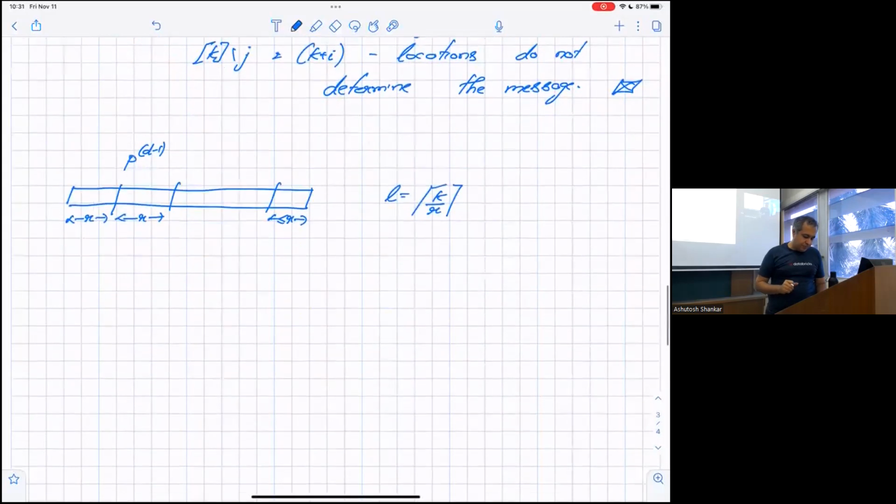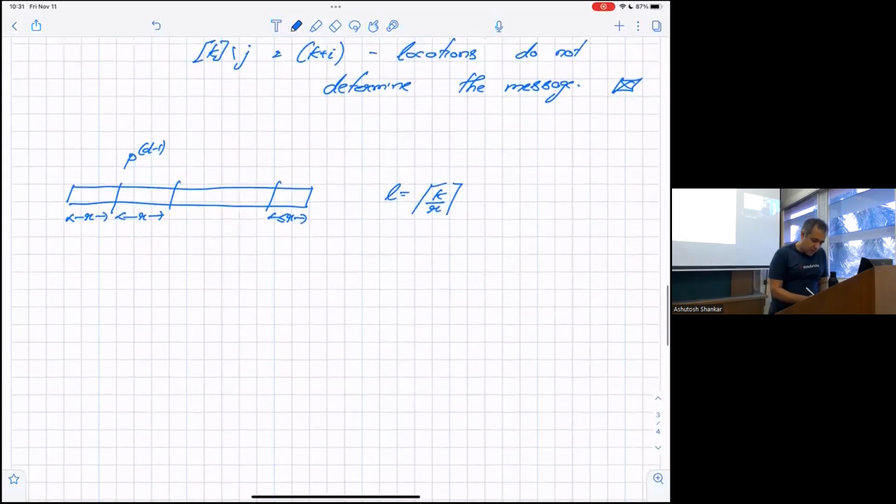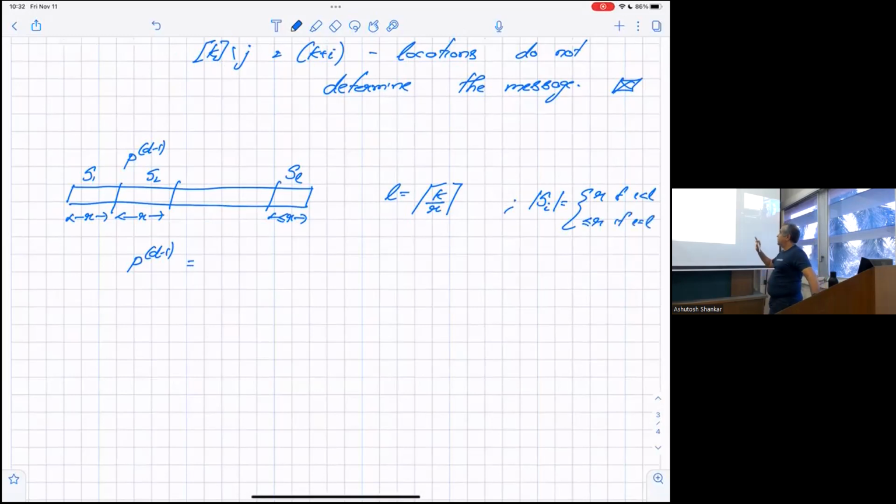So let's call these sets S1, S2, all the way up to SL. The size of each S_i is equal to R if i is less than L, and it is less than or equal to R if i equals L. That's how I have set it up.